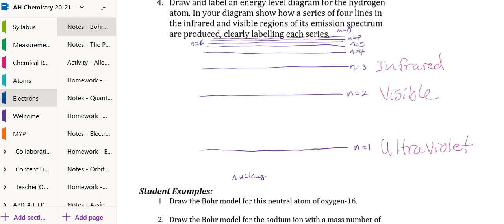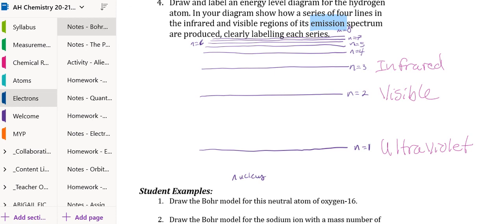So you guys said it's emission, right? So it's going to be going down. If I need 4 lines showing visible emission, do I have some choices? Can I go first to second? No. What would first to second be? Absorption of ultraviolet. So for emission of visible, I'm going to be going down to the second.